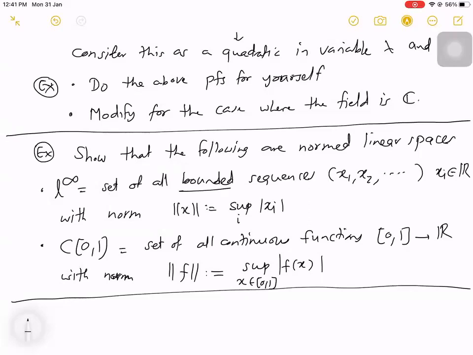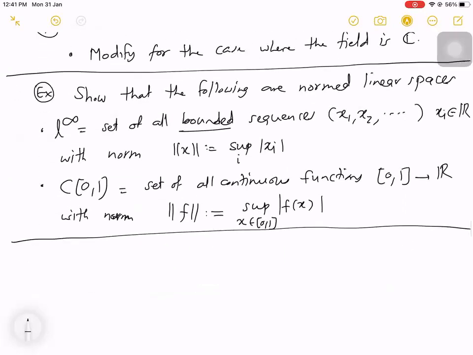Okay, so continuing with definitions. Last time we defined convergence of a sequence with respect to a norm. Let us recall that definition, and we will also now define continuity. So when do we say that a sequence is convergent?